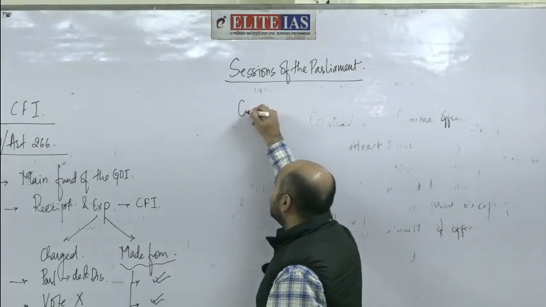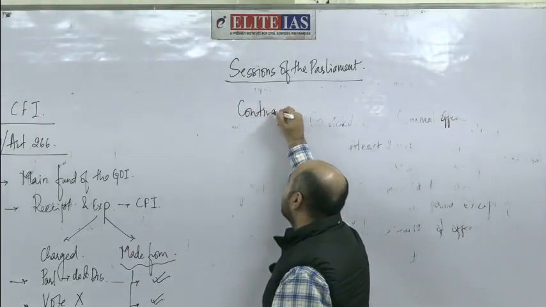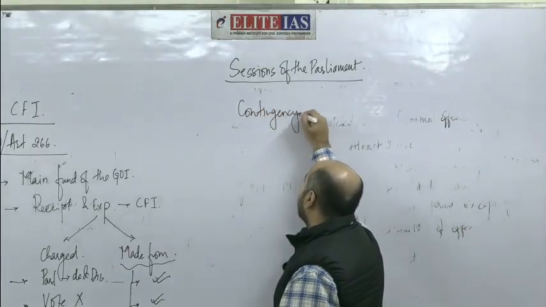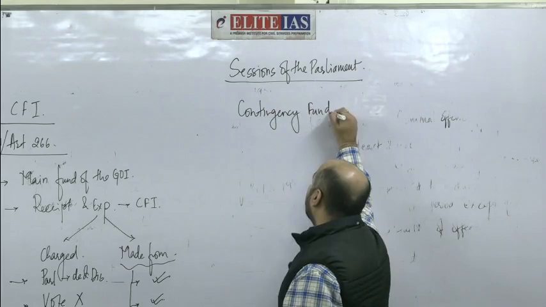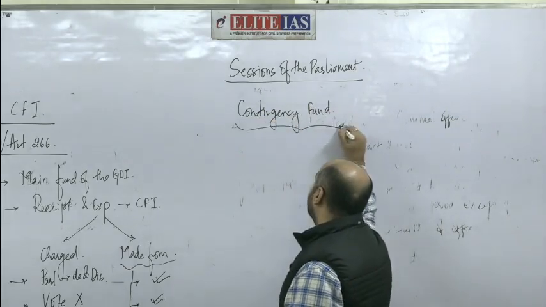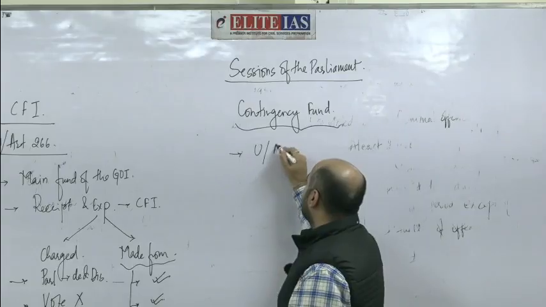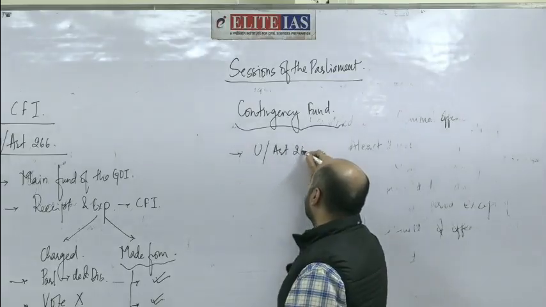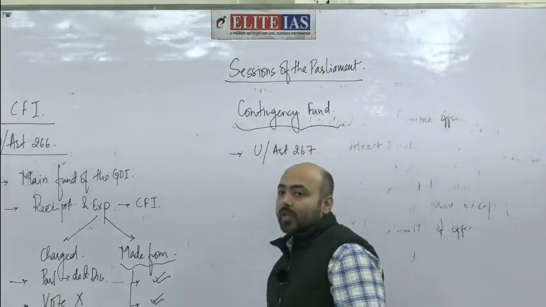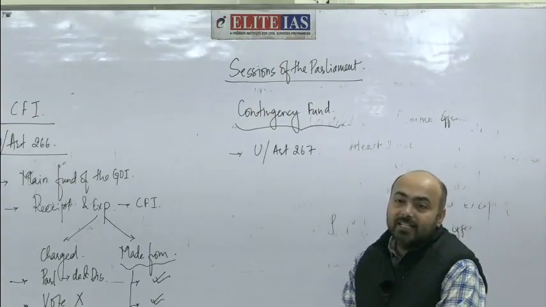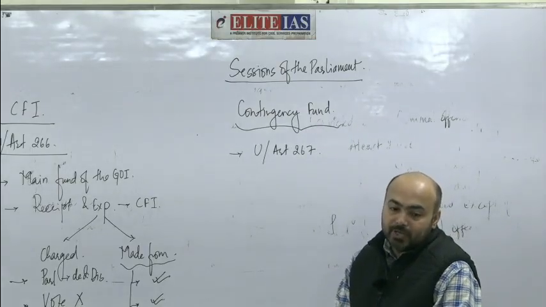Next is contingency fund. It is mentioned under Article 267 of the Constitution.